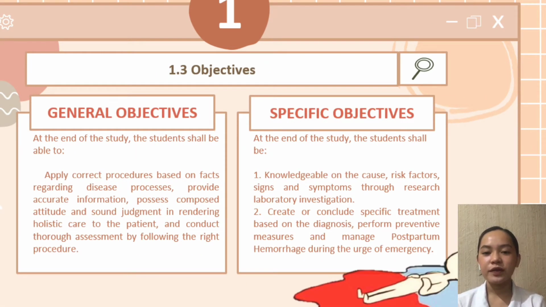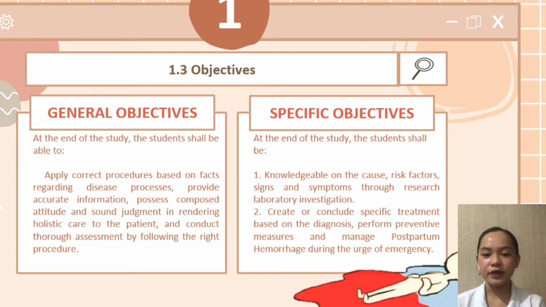Objectives. General objectives. At the end of the study, the student should be able to apply the correct procedures based on facts regarding the disease process, provide accurate information, possess a composed attitude and sound judgment in rendering holistic care to the patient, and conduct a true assessment by following the right procedure.